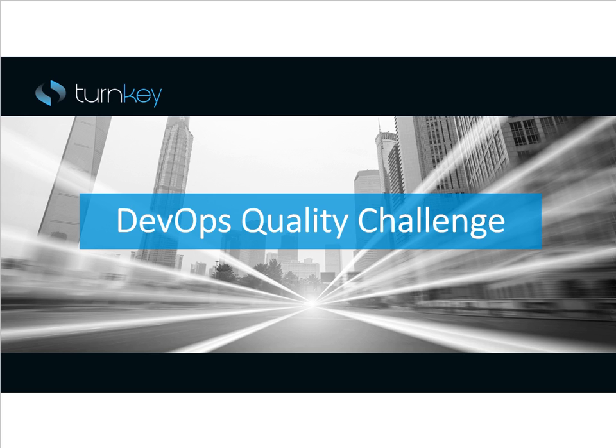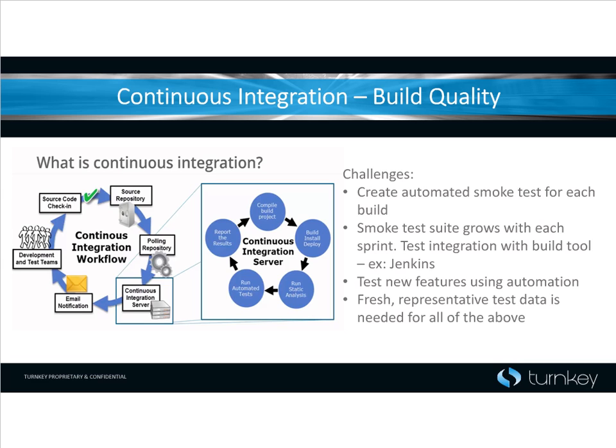So the DevOps quality challenge: how do we go faster but not sacrifice, but actually enhance quality. I look at this as taking place across three distinct phases, if you will, in the DevOps process. The first is the continuous integration, sort of build quality, the build part of the equation.